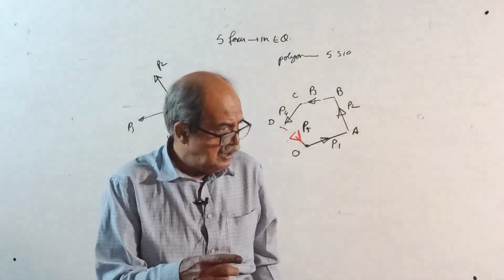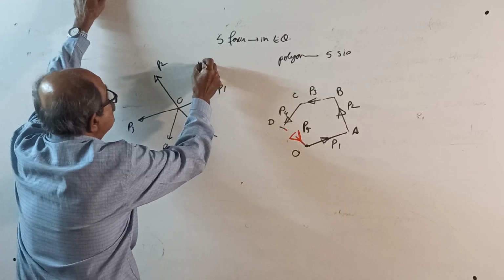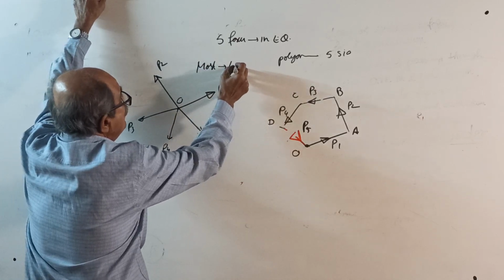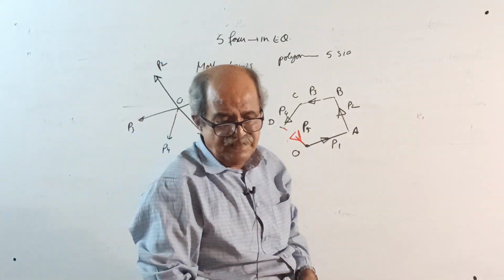Okay, now I will go to the next one. Briefly I told you about the most powerful theorem, that is called Lami's theorem. I will write it on the board neatly and start.